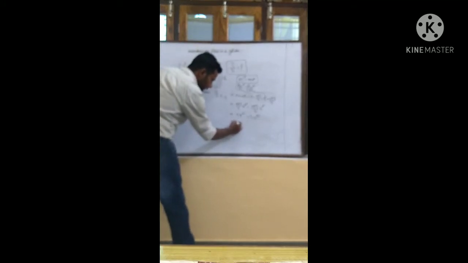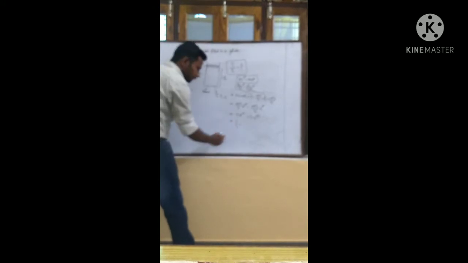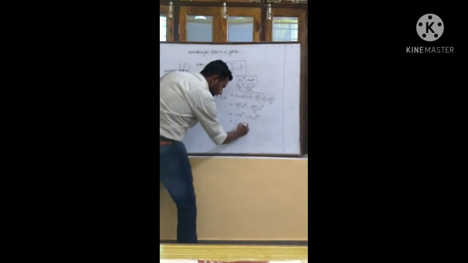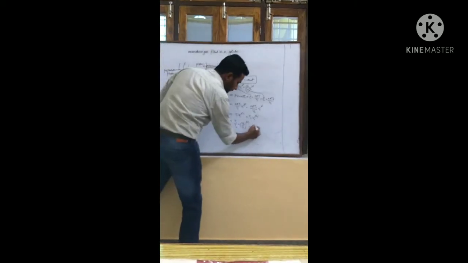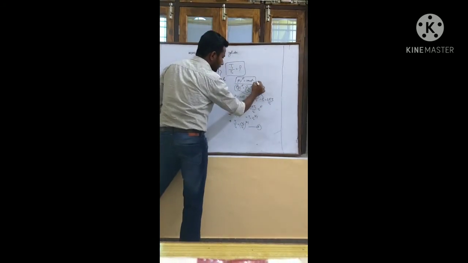You will get T1 divided by T2 is equal to V2 divided by V1 to the whole power gamma minus 1. Now this is equation suppose 2 and this was equation number 1.